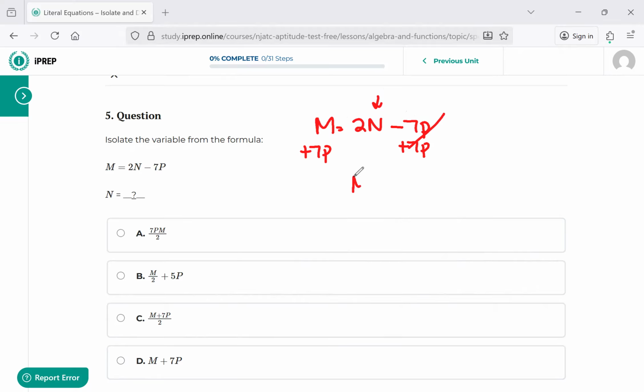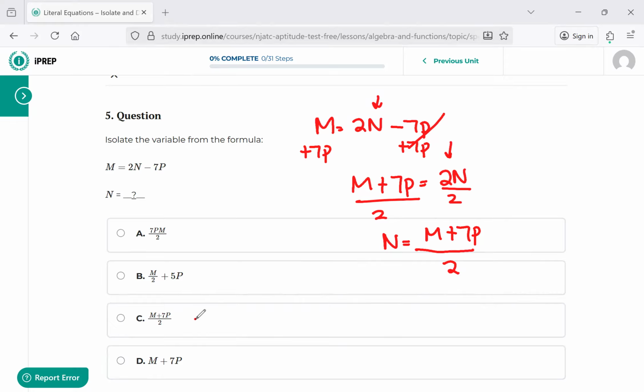So you get M plus 7p equals 2n. Then I'm going to solve for n by getting rid of this 2 by dividing both sides by 2. So you get n equals M plus 7p all over 2. Yep, letter C.